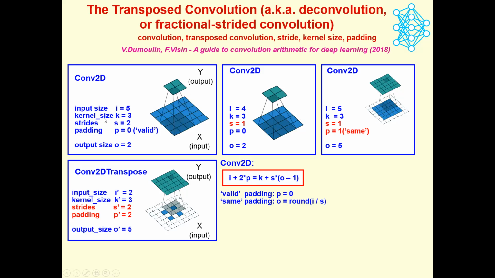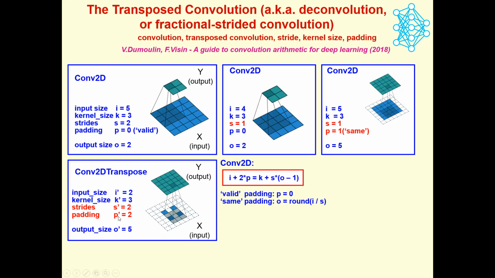So in this case, gaps of size 2, each pixel now separated by 2 pixels. And then we do a regular convolution with stride 1, and sweep over all of these pixels. The result will produce an image of size 5, the same as the input for the previous example.